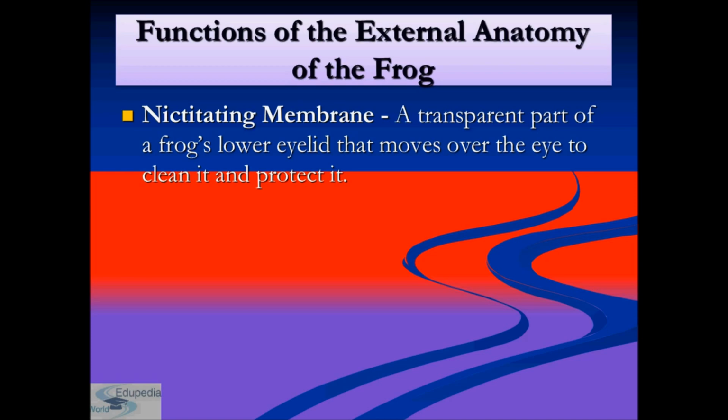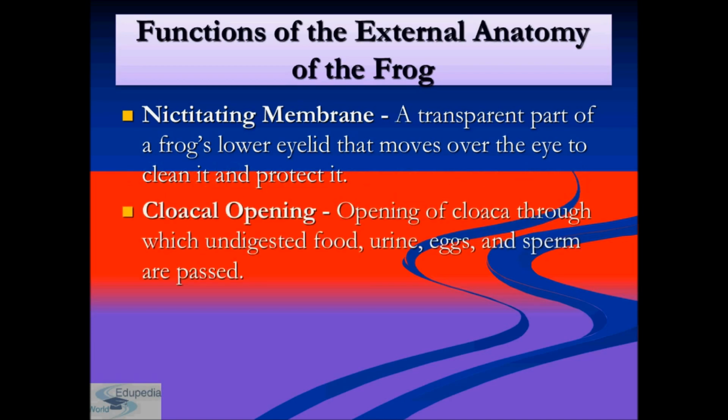That means the lower eyelid moves over the eye to clean and protect it. Then comes the cloacal opening, the cloaca through which undigested food, urine, eggs and sperms are passed.